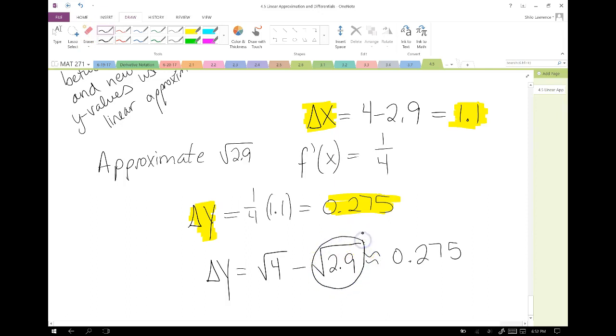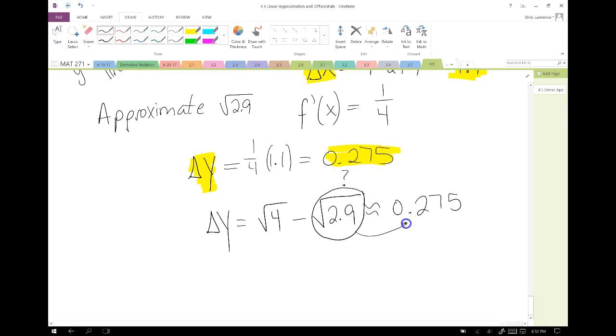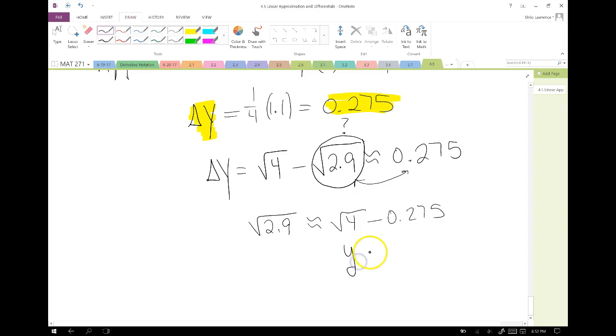We're trying to figure out what our approximation for the square root of 2.9 is. So I'm going to have those two guys switch spots. I'm going to add the square root 2.9 over, and I'm going to subtract the 0.275 over. So my approximation for square root of 2.9 is square root of 4 minus 0.275. It's my y value for this one minus delta y.